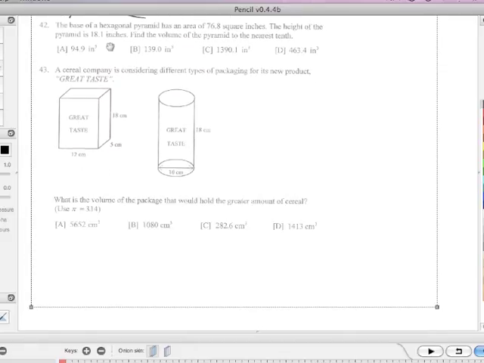The base of a hexagonal pyramid has an area of 76.8 square inches. The height is 18.1. Find the volume. So now we need the volume formula for a pyramid. I don't even care that it's a hexagonal pyramid. It doesn't matter. There's just some shape down here, and it's a pyramid, right?